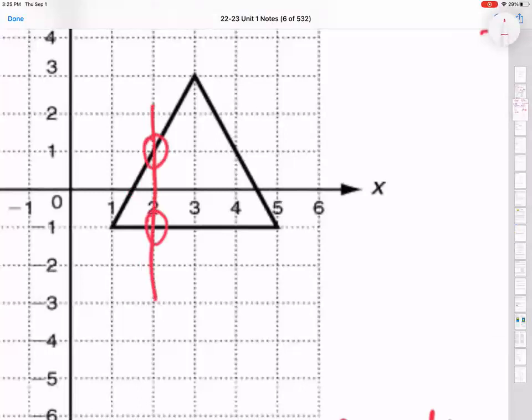That's like saying 2 is going to 1 at that point, and then 2 is trying to go to -1. Unfortunately, 2 cannot end up in 2 different places. 2 can only go to 1 spot. As a result, that's the why it's no. You can't have that repeating x value end up at 2 different places. And the vertical line test really confirms that visually.